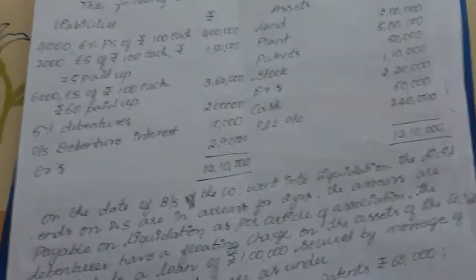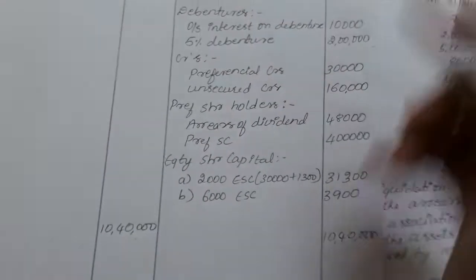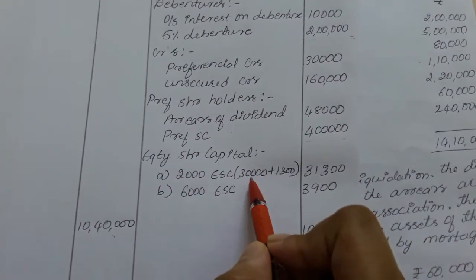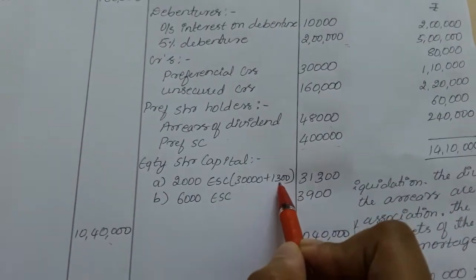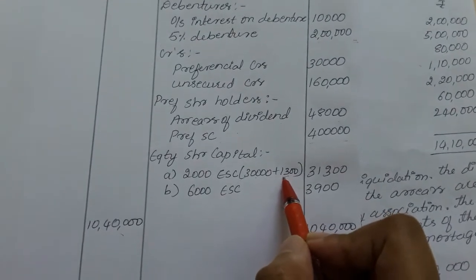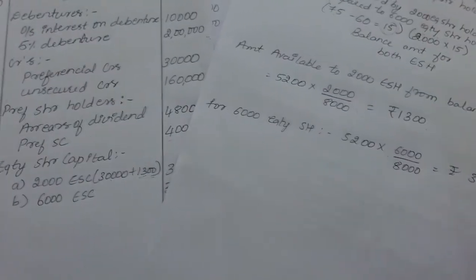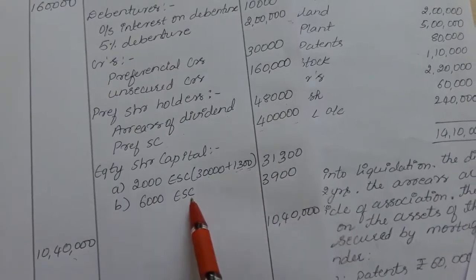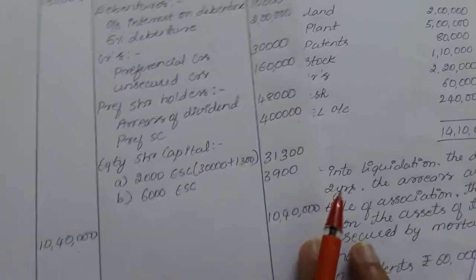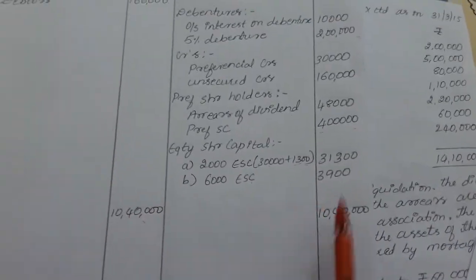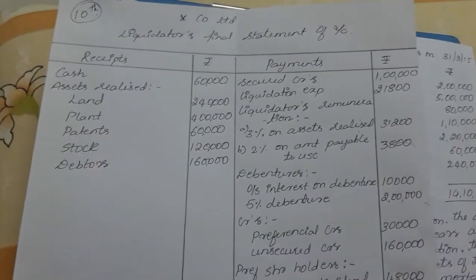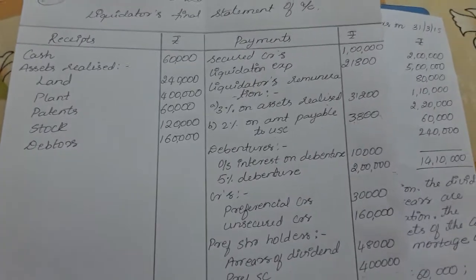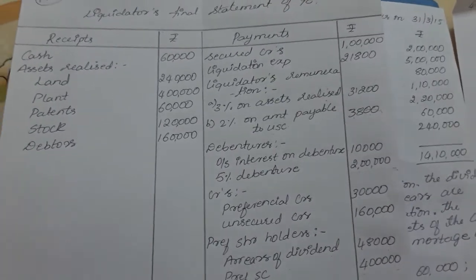So the 2,000 shareholders get 30,000 for the excess payment plus 1,300, and the 6,000 shareholders get only 3,900. It will tally here. Hope you have understood this. Any doubts, please do ask me. Thank you.